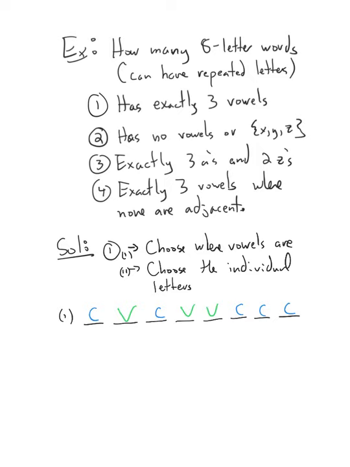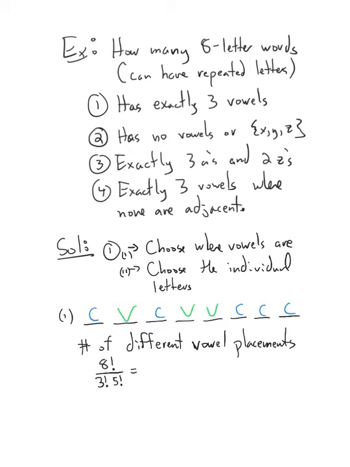Any arrangement of those V's and C's gives us new locations for vowels and consonants. So we know how to count that, so the number of places the vowels can be, well, there are 8 letters in total. 3 of them are vowels. The other 5, 8 minus 3 of course, are consonants. So we're arranging 3 V's and 5 C's.